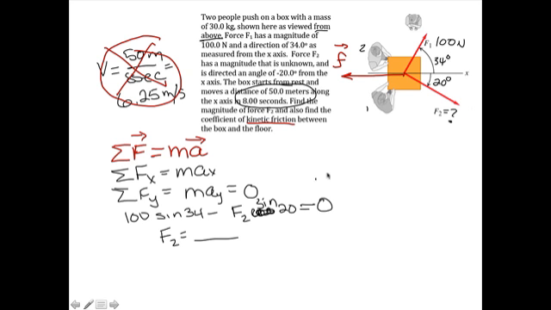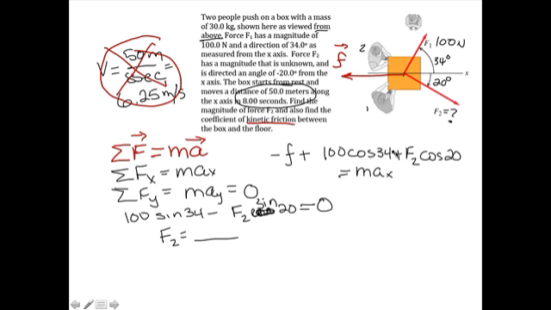So the other component, the x component, is a little bit more tricky because it has the friction force in it. But what that's going to look like is minus the friction force plus 100 cosine 34 plus F2 times the cosine of 20, and you can put minus 20, it doesn't matter, it comes out to be the same thing, and that's going to equal m a_x.